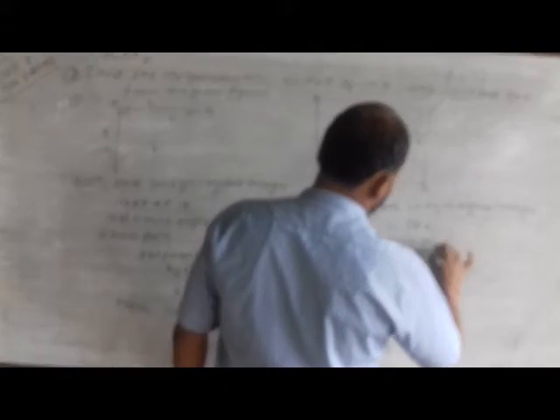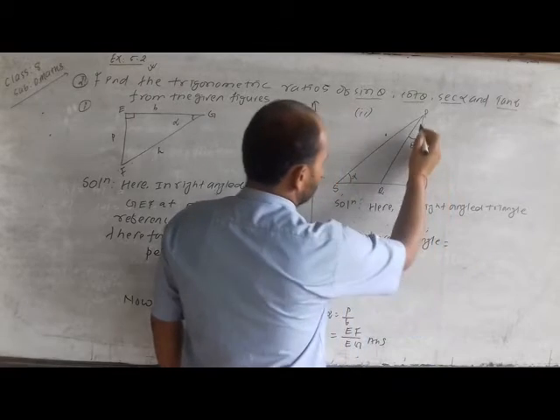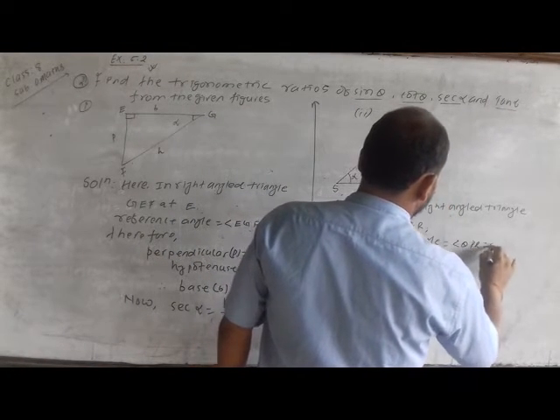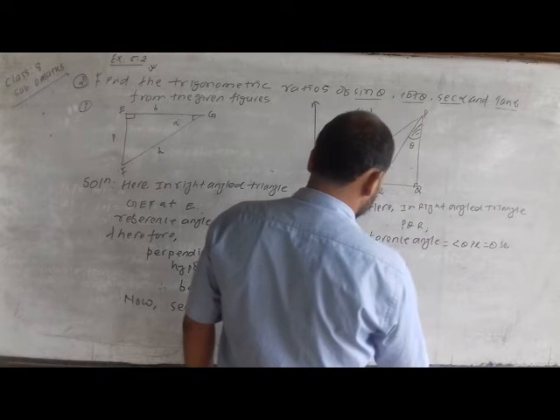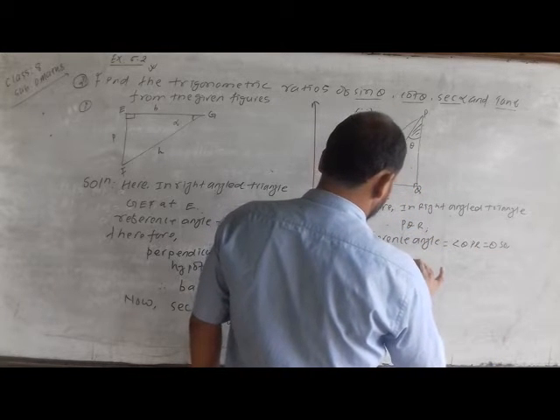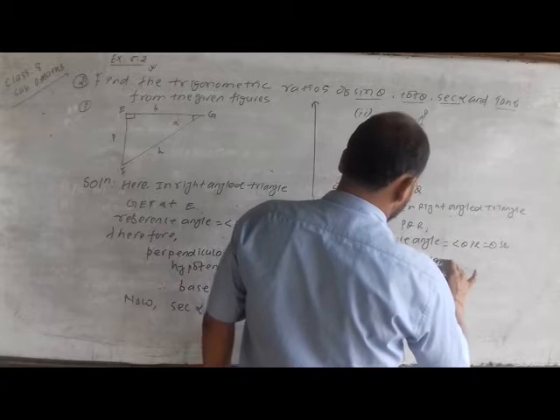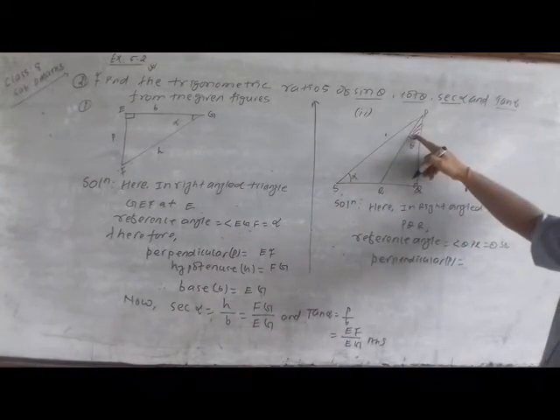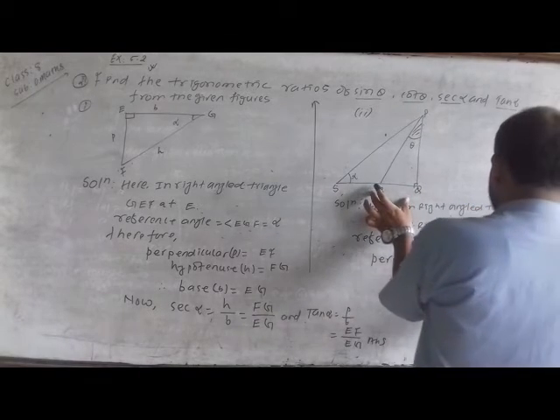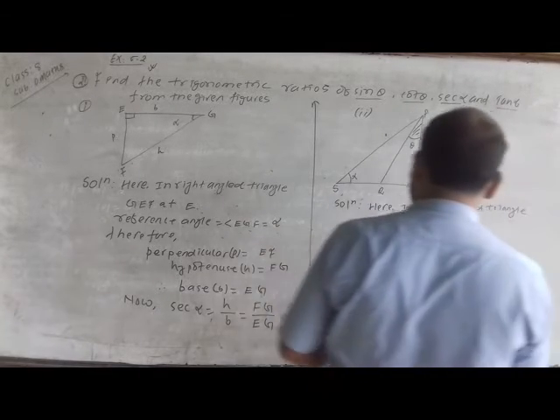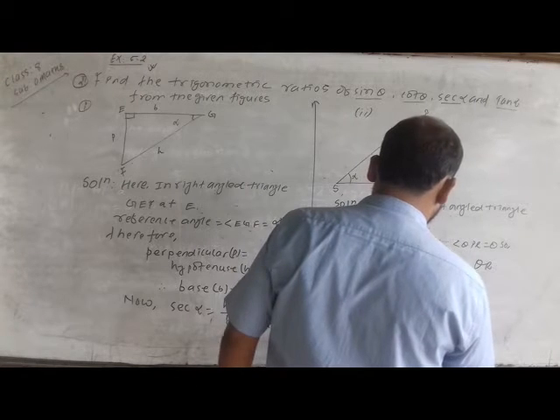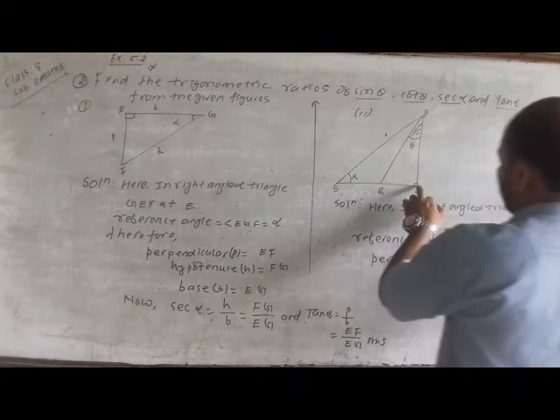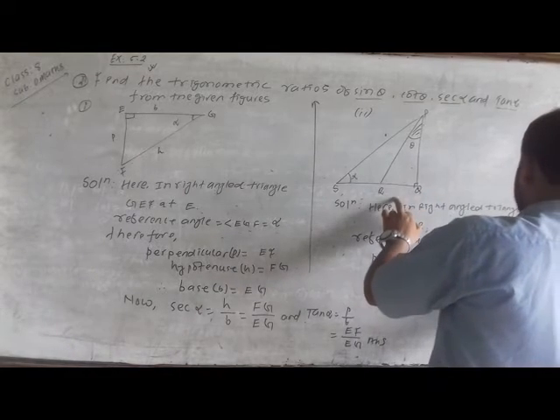Reference angle. Which is the reference angle? This is the reference angle, QPR is equal to theta. So perpendicular P, what does P represent? If this is the reference angle, then perpendicular is represented by QR. And hypotenuse is for its opposite side, PR.